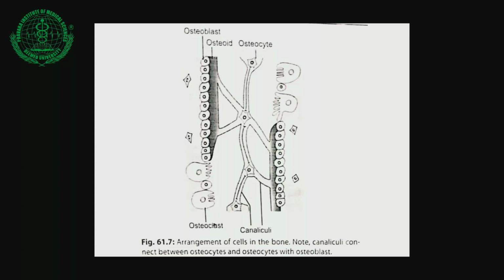They are present towards the periphery of the bone, and their cytoplasmic processes connect to the osteocytes that are present deeper in the bone. Osteoid produced by osteoblasts is secreted towards the interior of the bone.